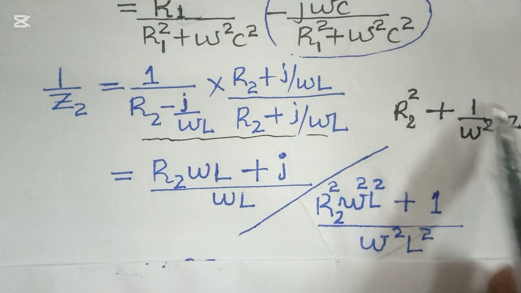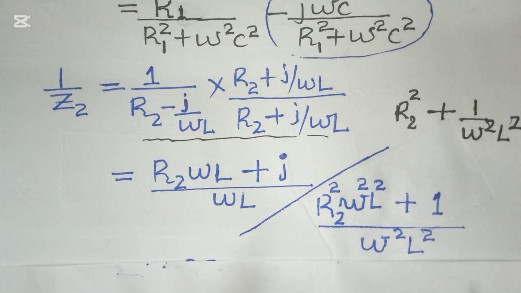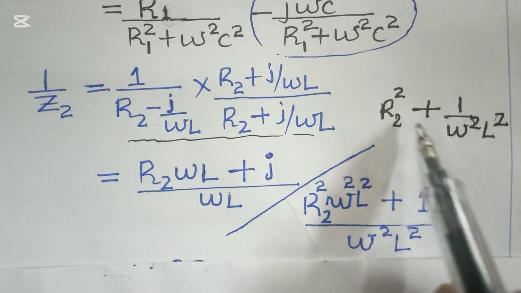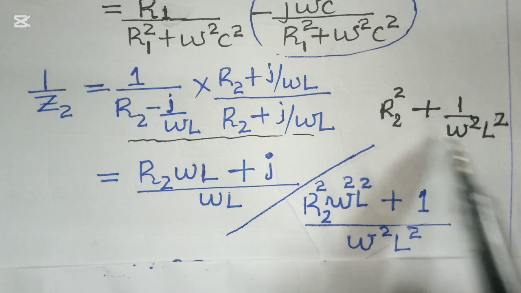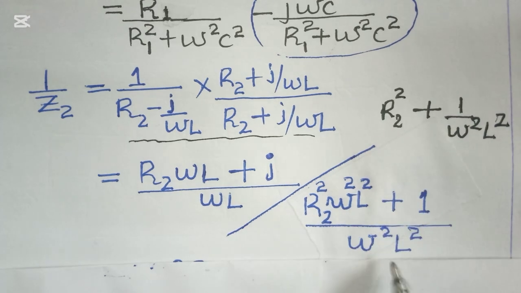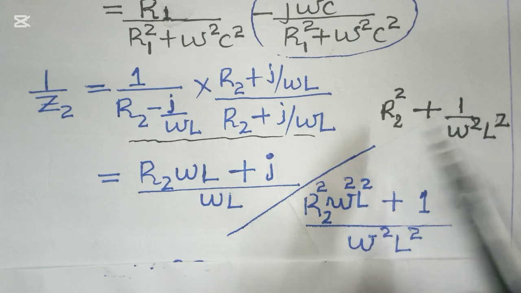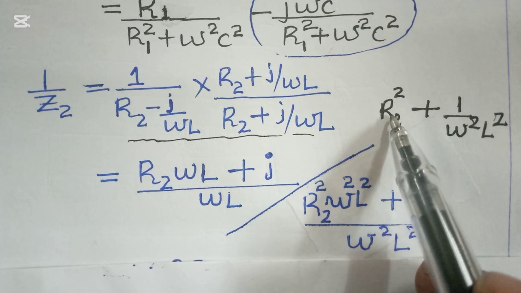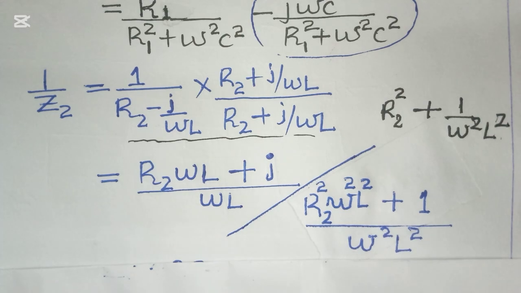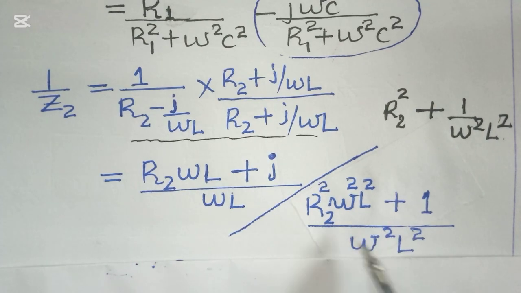That's what we are going to have as our denominator. After we have gotten this, we now write the whole of this equation under one denominator, such that when we make this the denominator, we have to multiply this r2 squared with this, and this is what we now get. So that's how this one has come about.